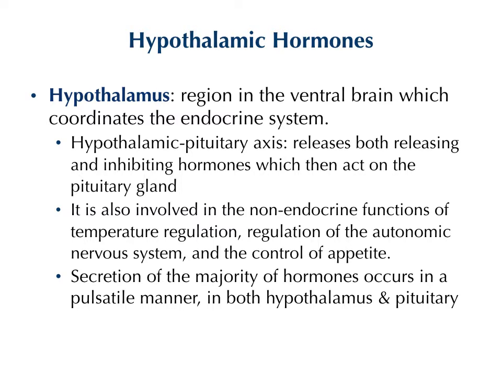Hypothalamic releasing and inhibiting hormones are carried directly into the anterior pituitary gland via that hypothalamic hypophyseal portal vein we just discussed and saw a picture of. Specific hypothalamic hormones will bind to receptors on specific anterior pituitary cells and modulate the release of the hormone that they produce.